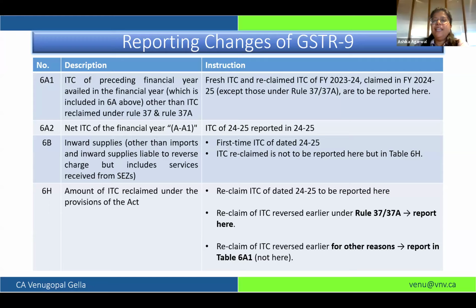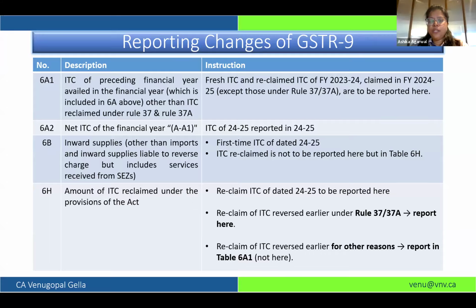Now, why they are asking for this data: you have to understand the difference in how table 8 is getting auto-populated for the purpose of GSTR 9. Then only you will get the idea of what you have to report in 6A1. So first, let us understand what reporting they are asking, and through different scenarios, we will understand where to report.